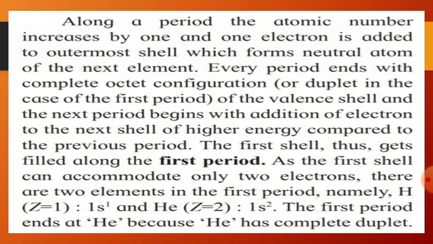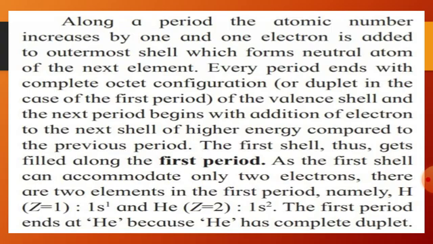So the atomic number of the element increases by 1, and 1 electron is added to its outermost shell. Every period ends with a complete octet configuration, except the first period, which has a doublet electronic configuration.